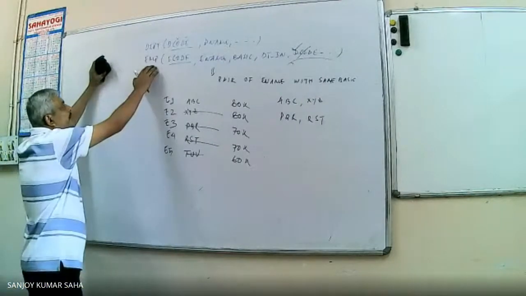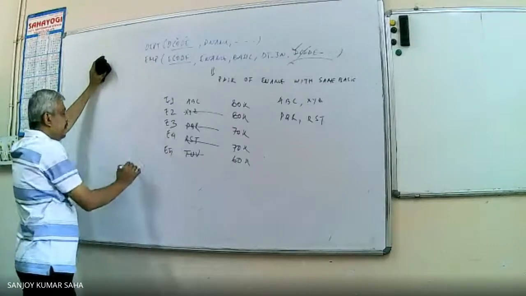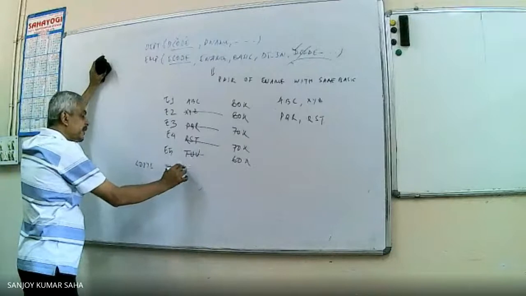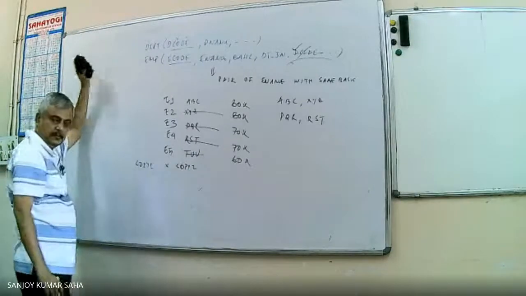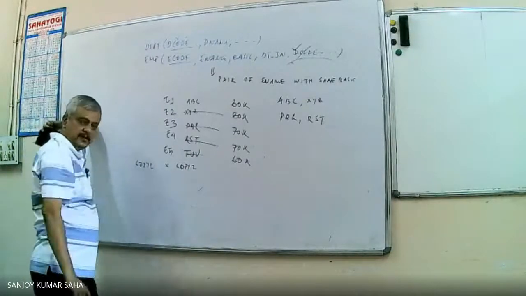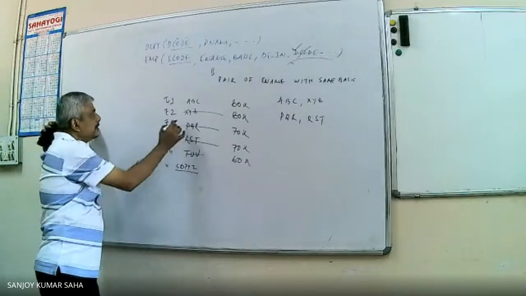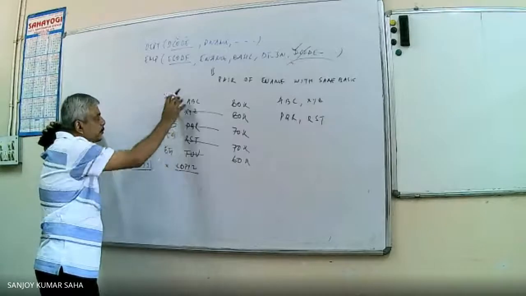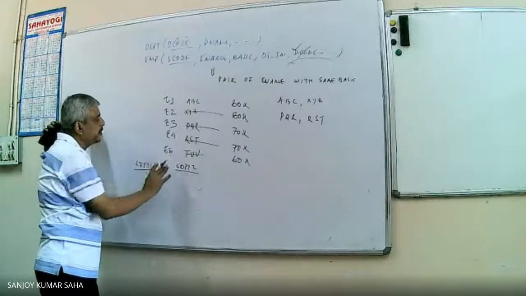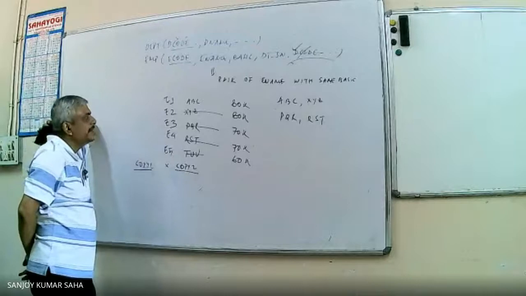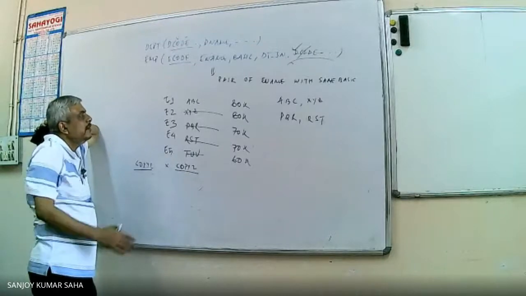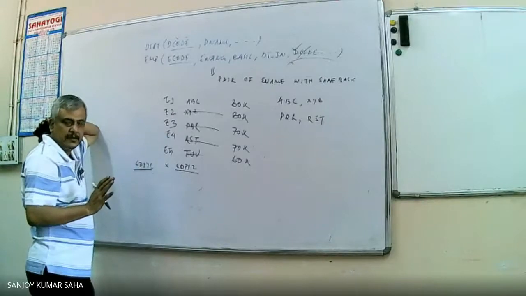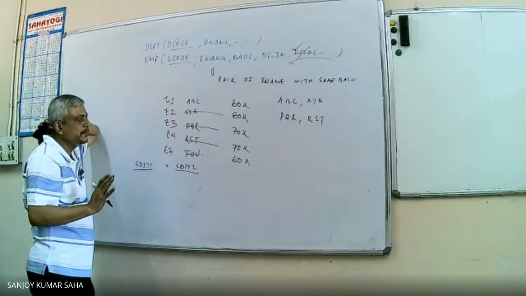If we work with two copies of employee, copy 1 and copy 2, and take their Cartesian product, E1 will combine with all, E2 will combine with all, and E3 will also combine with all. Then we will see for which combinations the basic is the same.